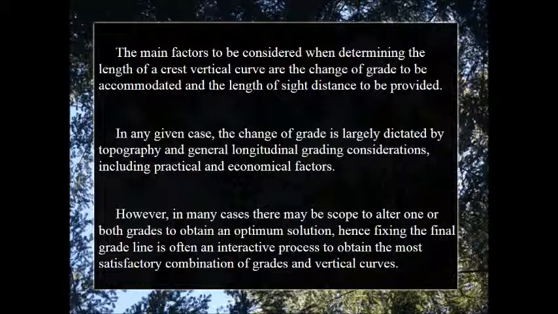In any given case, the change of grade is largely dictated by topography and general longitudinal grading considerations, including practical and economical factors. However, in many cases there may be scope to alter one or both grades to obtain an optimum solution, hence fixing the final grade line is often an interactive process to obtain the most satisfactory combination of grades and vertical curves.